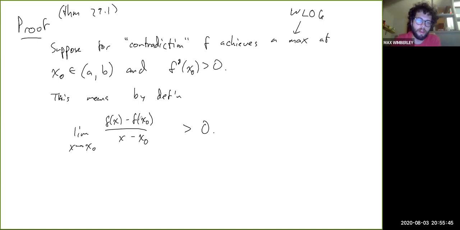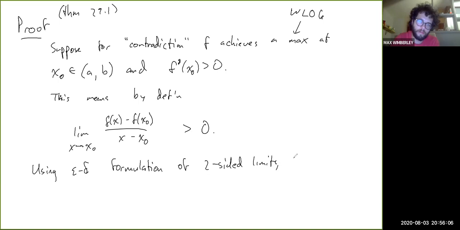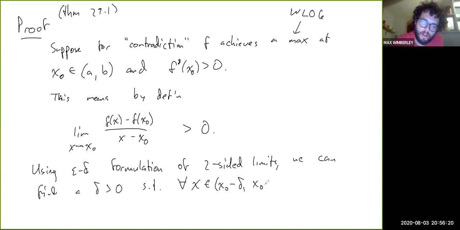Using the epsilon-delta formulation of two-sided limits, we can find a delta greater than 0 such that for all x in (x naught minus delta, x naught plus delta), we have that f of x minus f of x naught over x minus x naught is greater than 0.